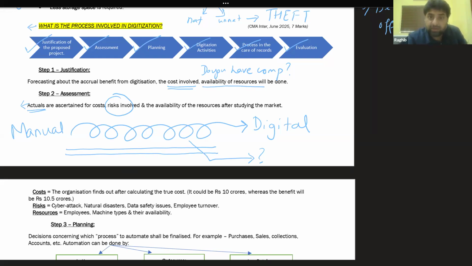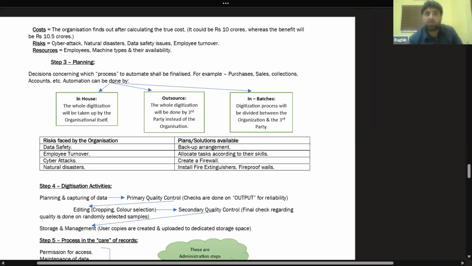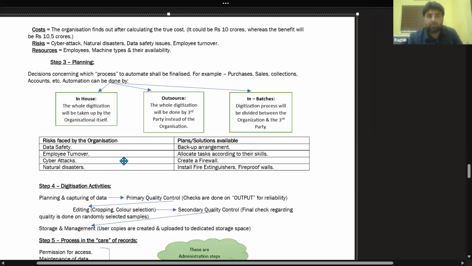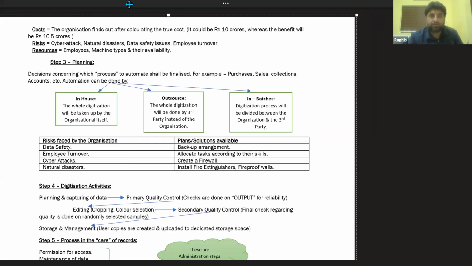Now, in the next page, you can see how the cost is usually calculated. The organization finds out after calculating the true cost that it could be 10 crores, whereas the benefit will be 10.5 crores. Cost is 10 crores, whereas the benefit is only 0.5 crores extra.